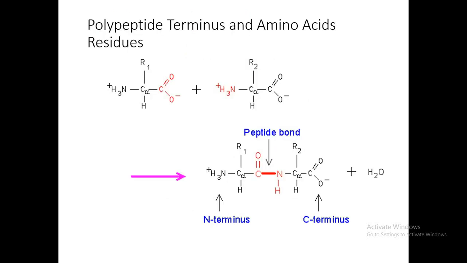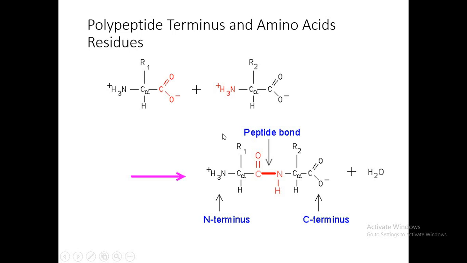Now one more thing: what are amino acid residues? An amino acid residue is the leftover of an amino acid after the removal of the hydroxyl from the carboxylic group and a hydrogen from the amino group.